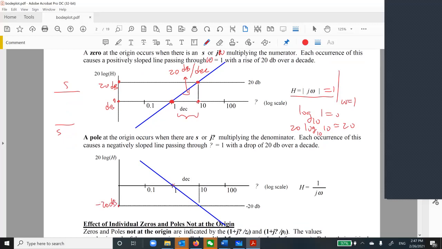You must pass through 1 at omega equal to 1, and at 1 decade you have another point, so that will give you minus 20 dB per decade. This is the case for s in the numerator versus s in the denominator.